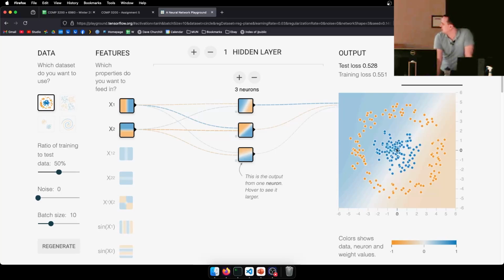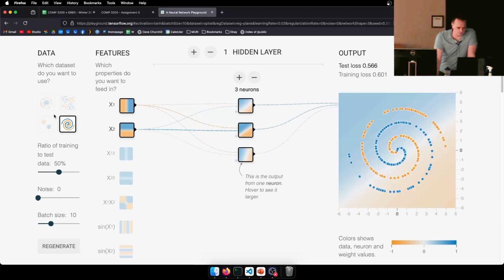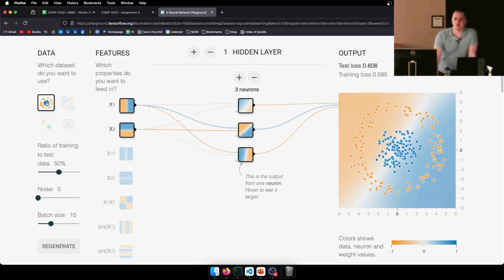For these examples, what we have are different data sets that you can select over here. And these data sets are classification data sets where we have some number of blue points and some number of orange points. What those mean doesn't really matter. What we're trying to do here is just build a classifier with a neural network that separates the plane into the region of blue points and the region of orange points.